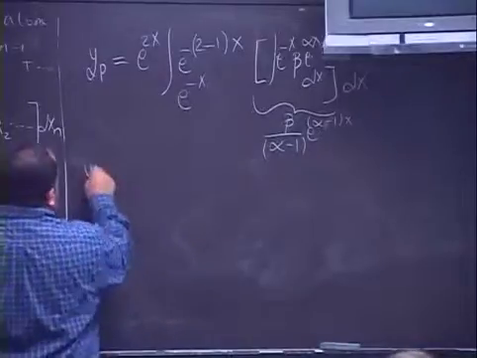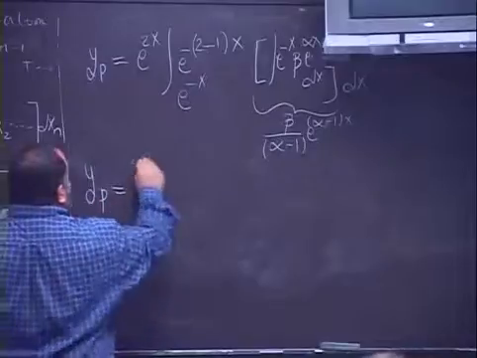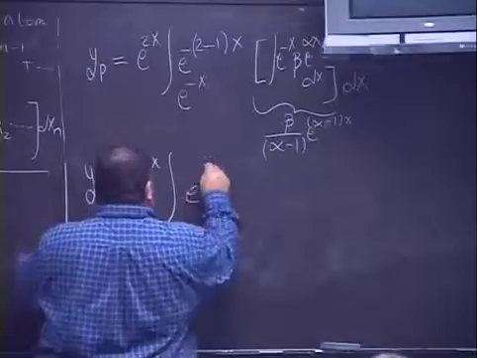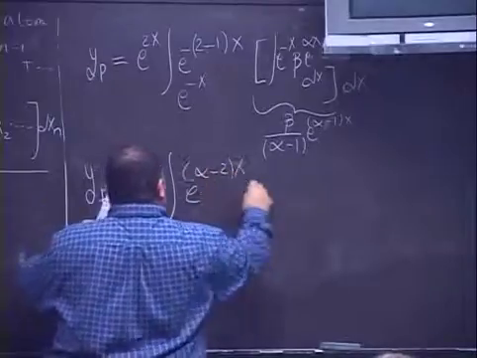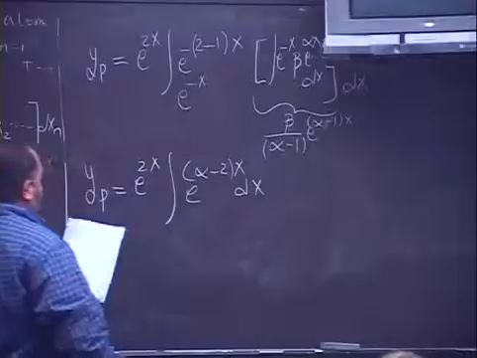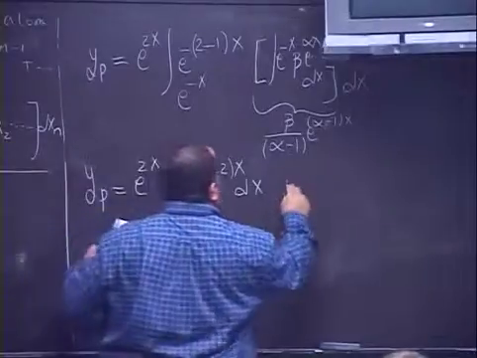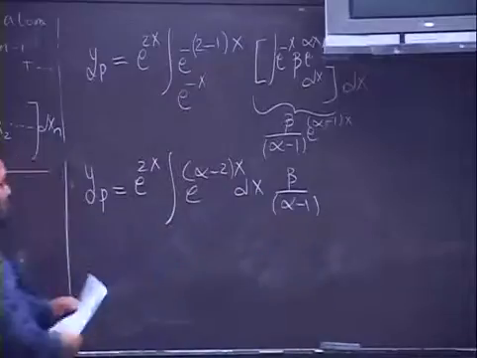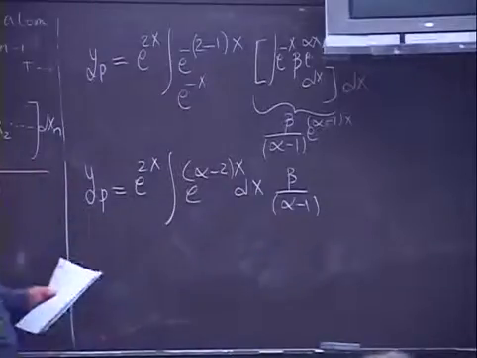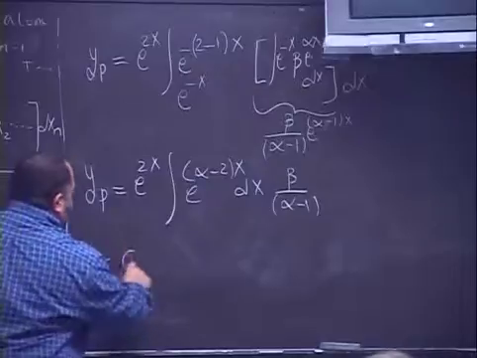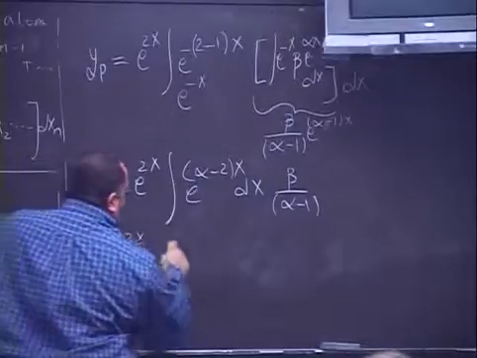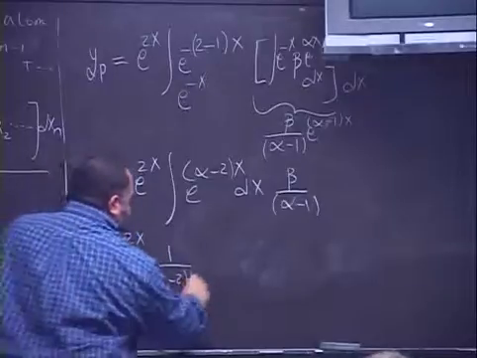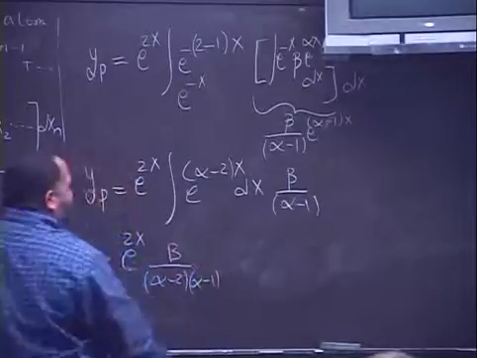So this yp will be just e to the power of 2x multiplied by the integration of e to the power of alpha minus 2x dx multiplied by beta over alpha minus 1. What's this integration? So this will give you e to the power of 2x multiplied by 1 over alpha minus 2, and this is alpha minus 1, and here is beta.